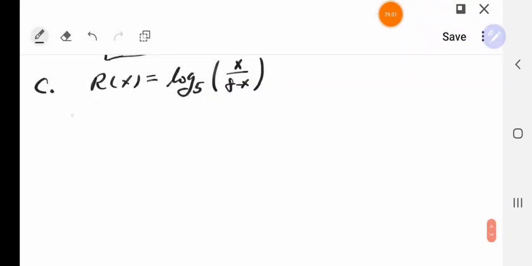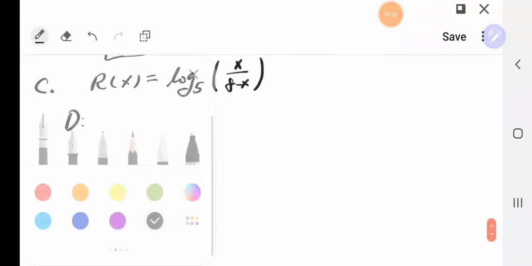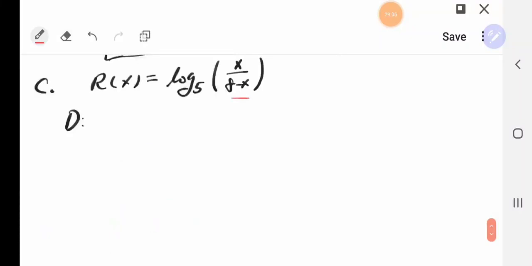Okay, the domain comes from inside the logarithm. So this parenthesis must be greater than 0. So x over 8 minus x has to be greater than 0. So let's find the interval so that this rational expression is positive. Let's find the critical numbers.